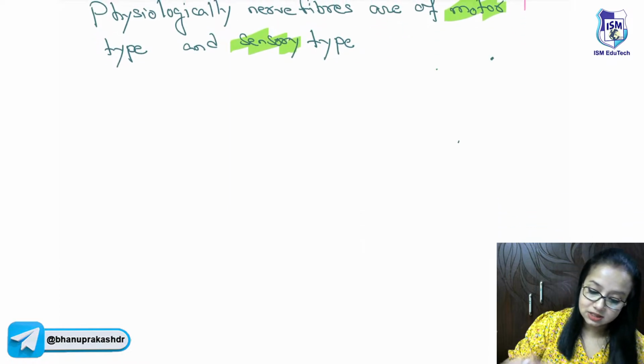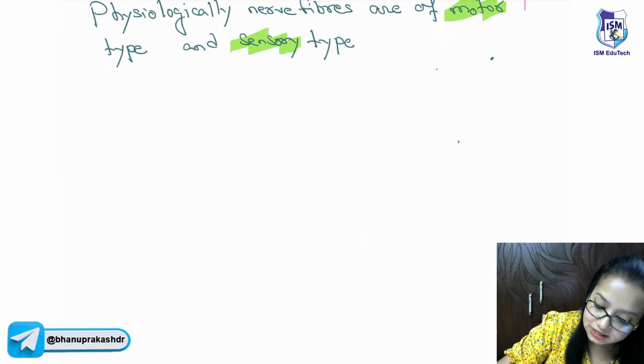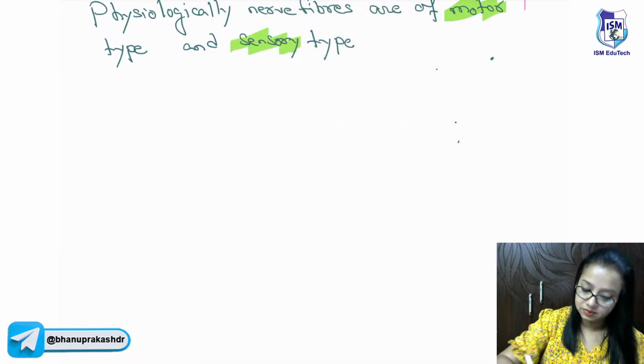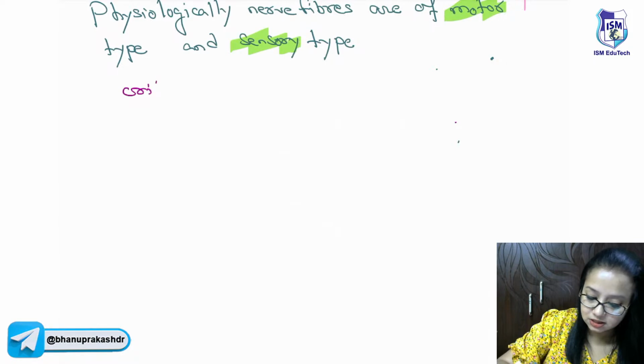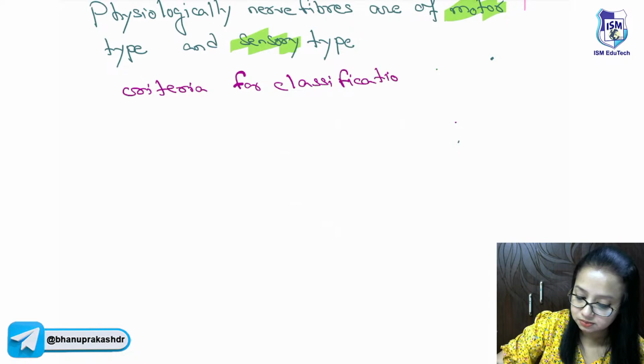Now, for this type of nerve fiber, there have been two types of classification. Now, the criteria for classification.